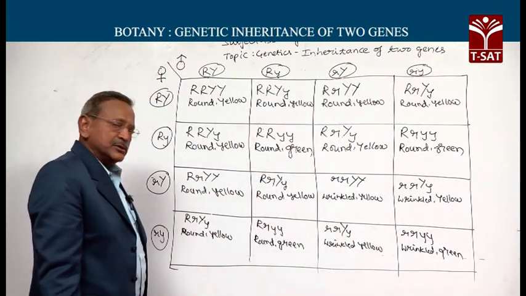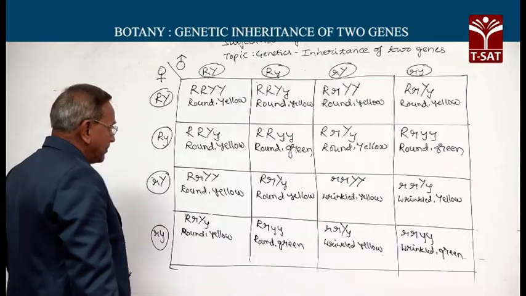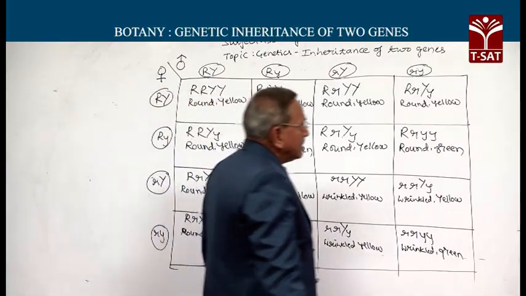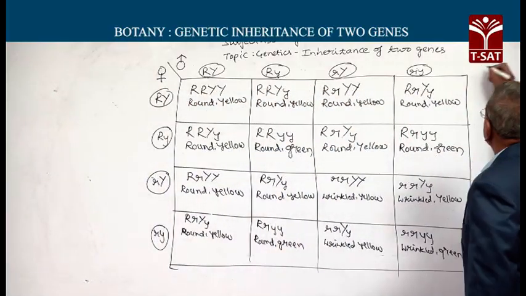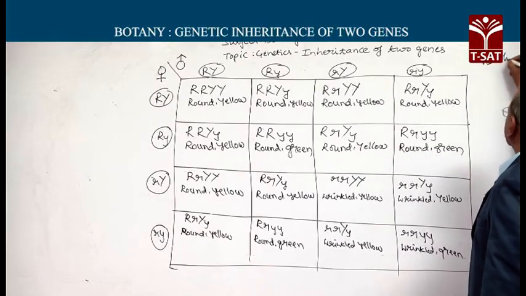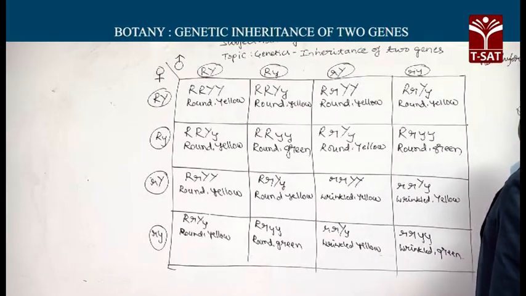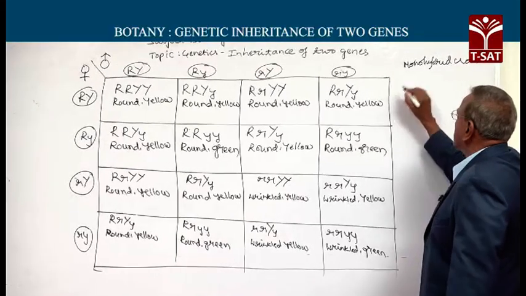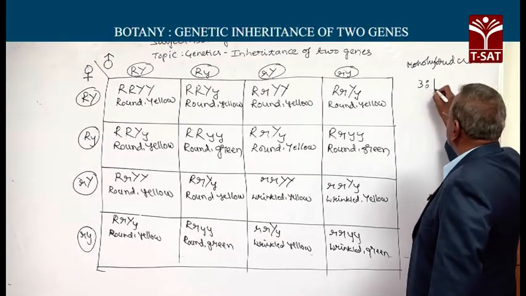So 16 progeny is obtained here. And what is the phenotypic ratio in case of a monohybrid cross? The phenotypic ratio in monohybrid cross is 3:1.